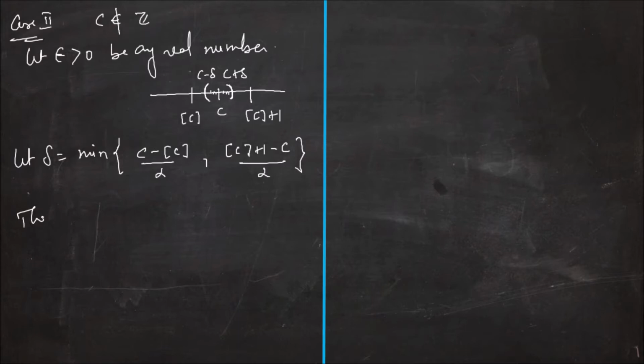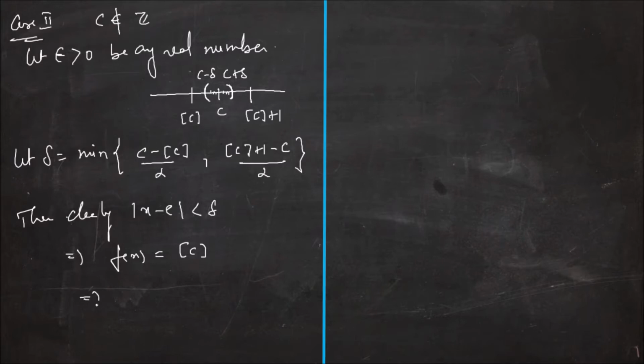So then clearly |x minus c| less than delta implies f(x) is equal to the greatest integer value of c, because all x lies in this interval, and if you take the greatest integer function of all real values lying in c minus delta to c plus delta, the value will be the greatest integer function of c. So this implies f(x) is constant on the interval c minus delta to c plus delta.